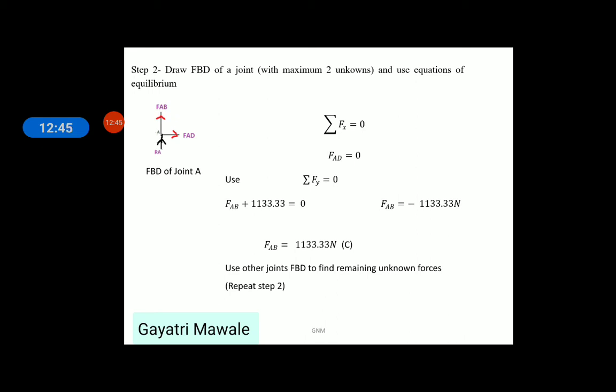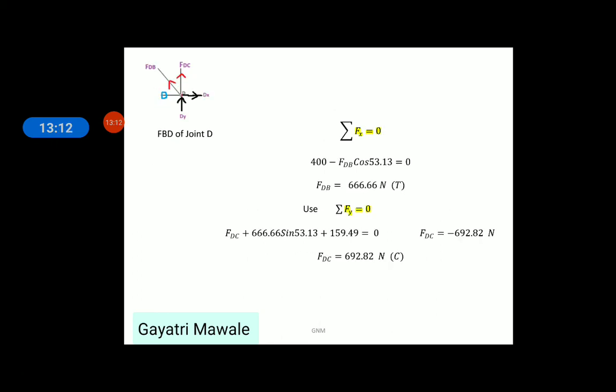And this gives me that FAB is minus 1133.33 Newton, but as I get a negative answer, it means whatever assumption we have made for the direction of FAB is wrong, and it must then be compressive. So this is how we come to know the forces in FAD and FAB members.